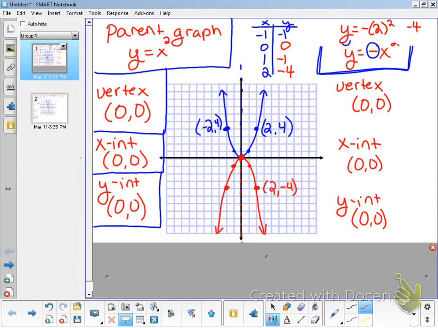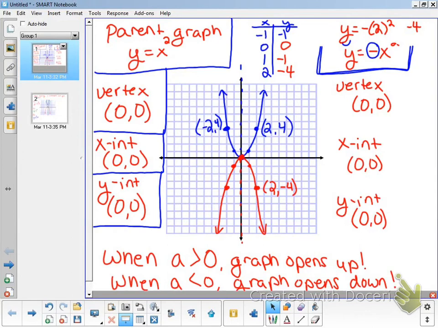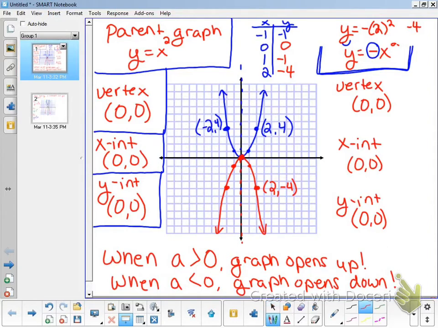That negative sign caused us to have a reflection over the x-axis. So what you need to know about this as a reminder, when a is greater than 0, not equal to 0, we can't be equal to 0, your graph opens up.